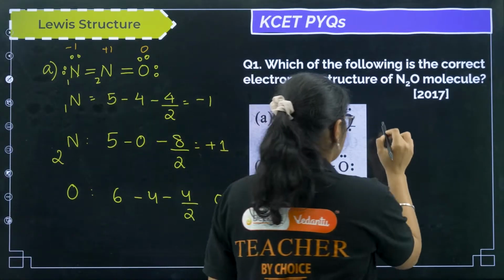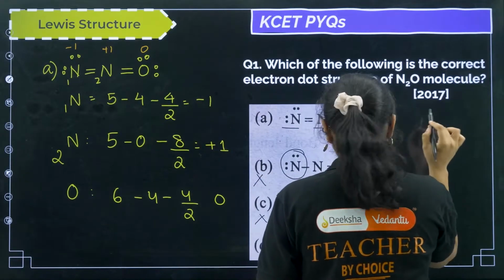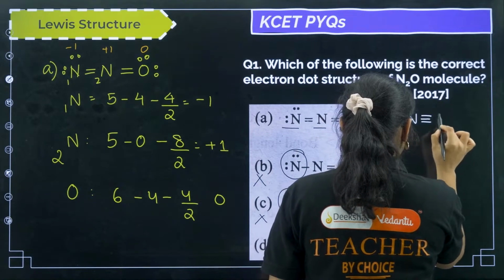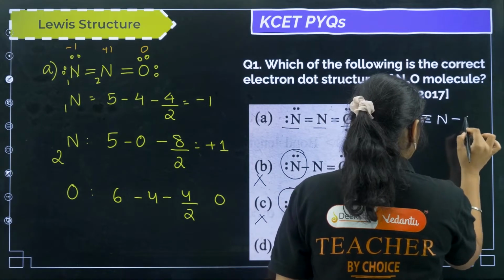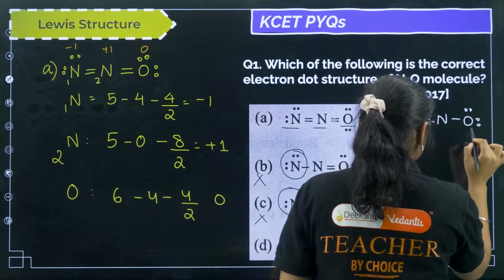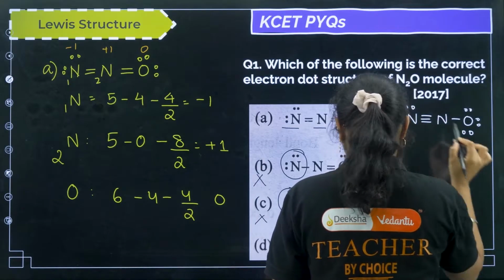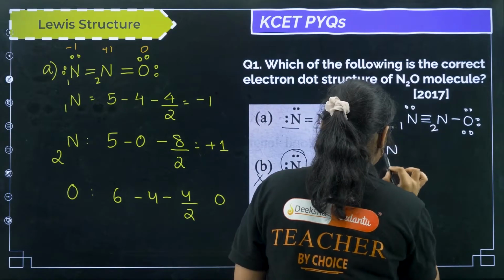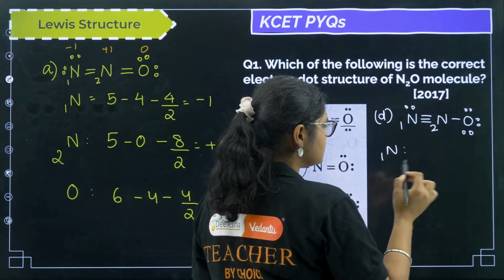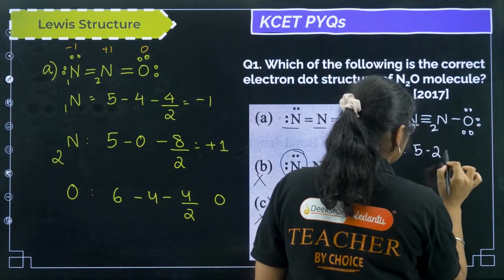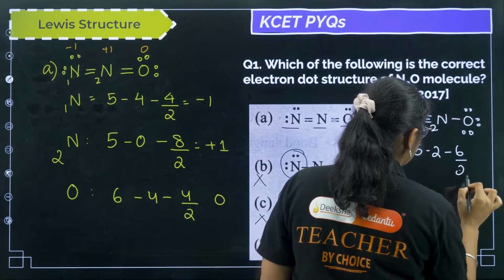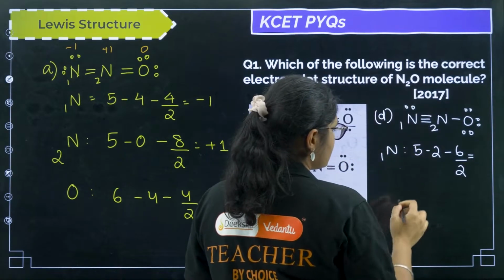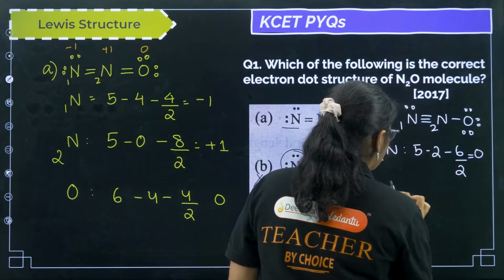Now for option D, the elements are N triple bond N, then O, with 6 electrons and 2 electrons on the ends. For N1, it is 5 minus 2 minus 6 by 2, so I get 0.